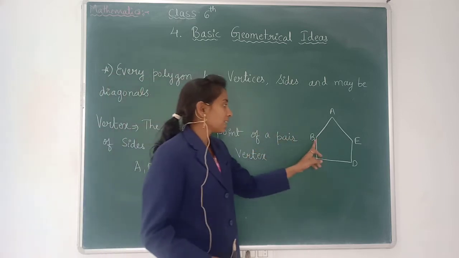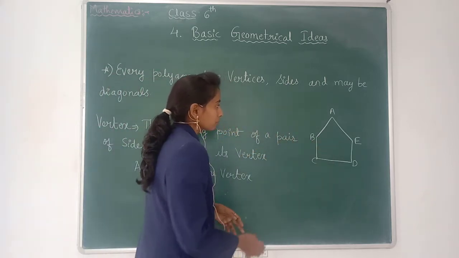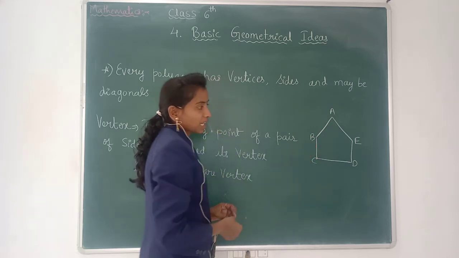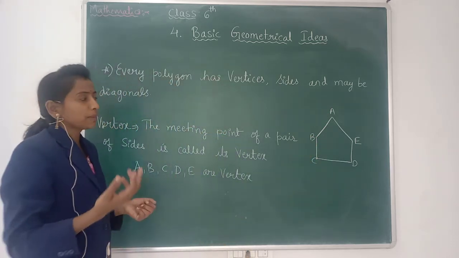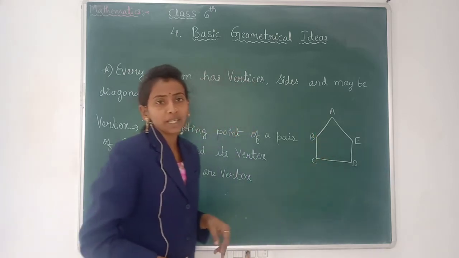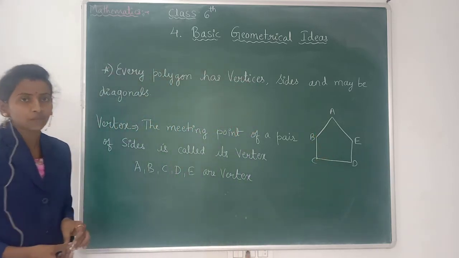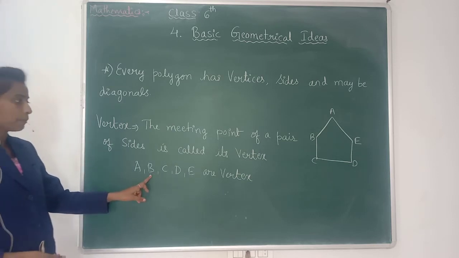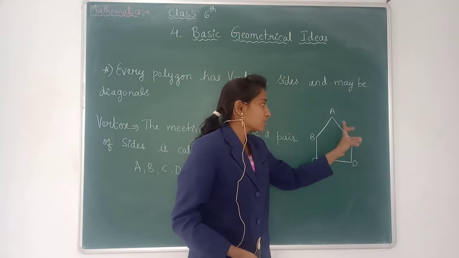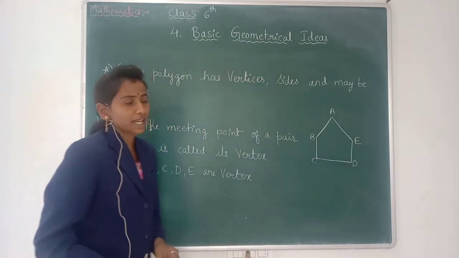So again, see here at point B, AB is one line segment and BC is another line segment. When two line segments meet at point B, then this point B we call another vertex. So A, E, D are also called vertices.